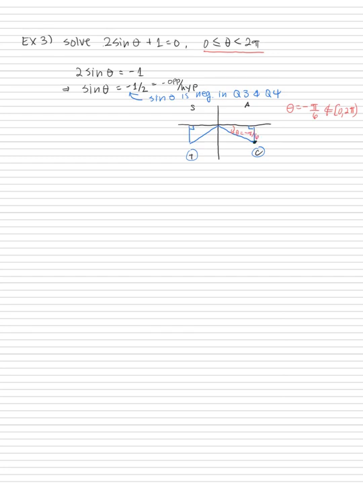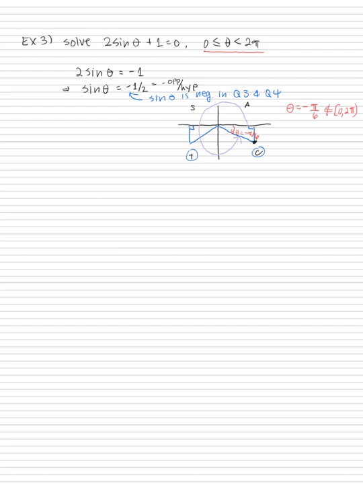But this is not good enough because theta is negative. It's outside of our bound. So what we need to do is come up with another angle that has the same terminal point as negative pi over 6. Okay, so in this case, what we're going to do is revolve around. And we want to get to here. So what is that angle? You can do it by 2 pi minus pi over 6.